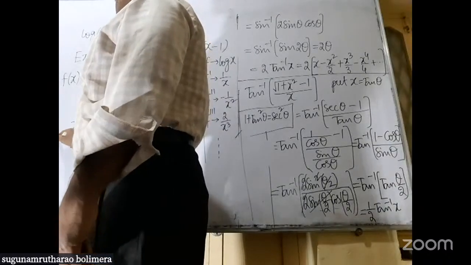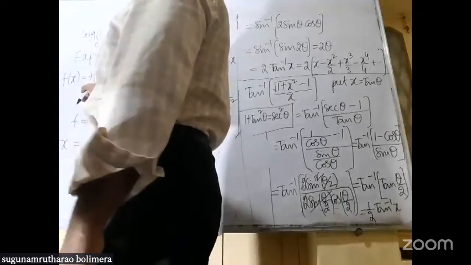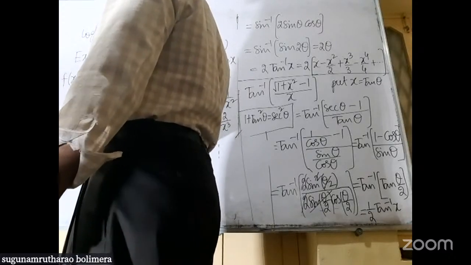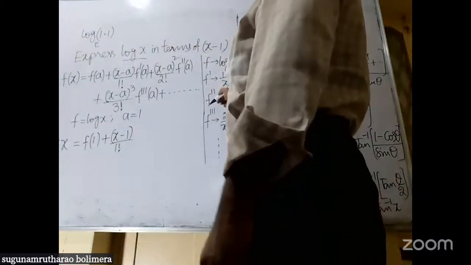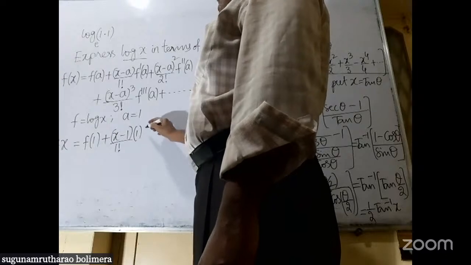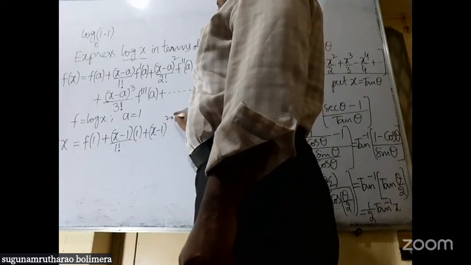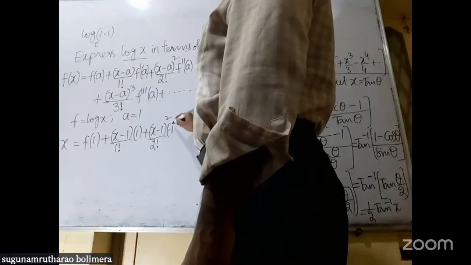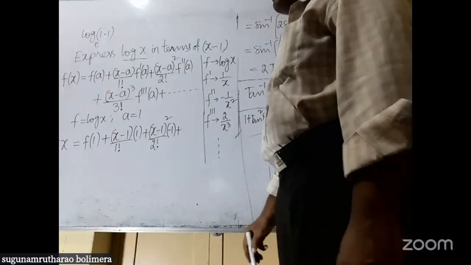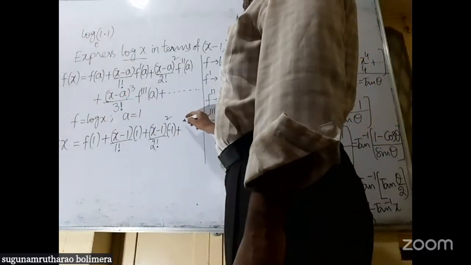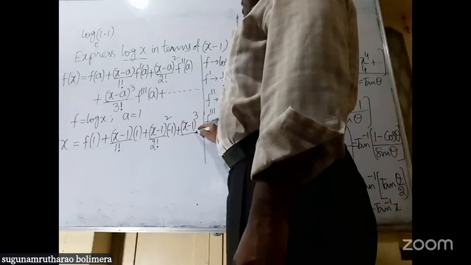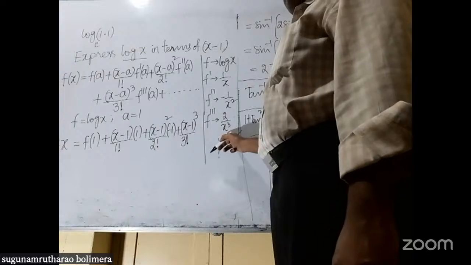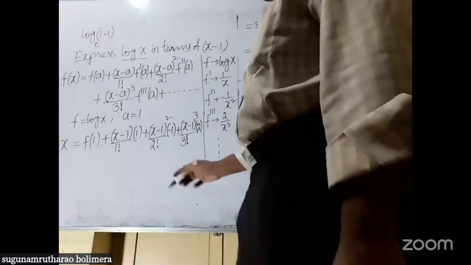So log x is equal to f of 1 plus x minus 1 by 1 factorial f dash of 1, which is 1 at x equals 1, plus x minus 1 whole square by 2 factorial f double dash of 1, which is minus 1, plus x minus 1 whole cube by 3 factorial f triple dash of 1, which is 2 by 1 cube, and so on.